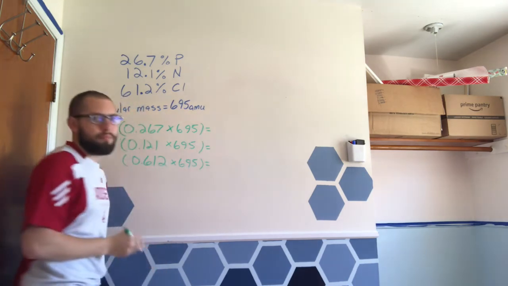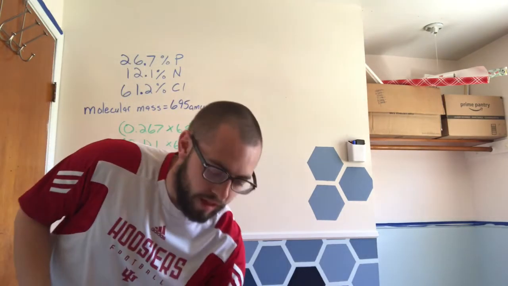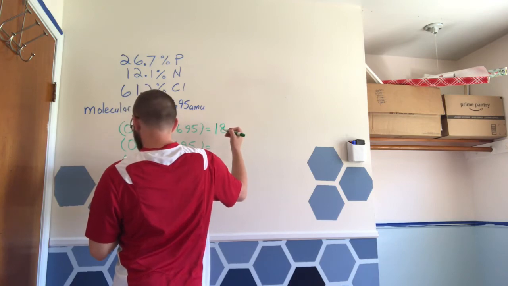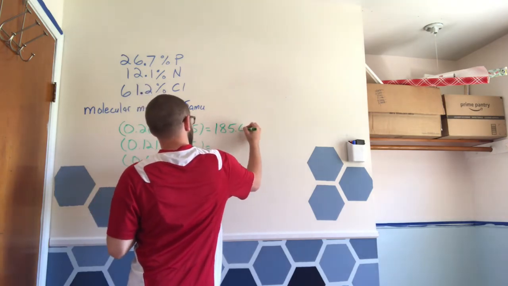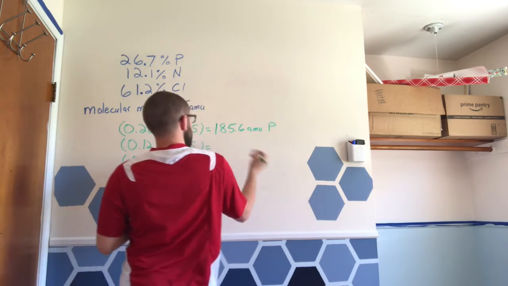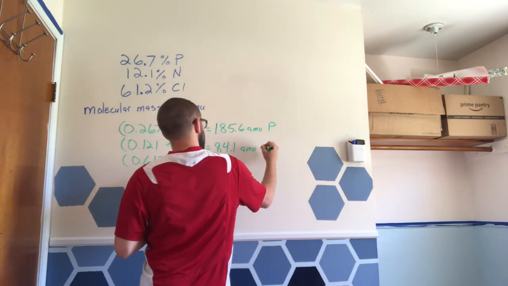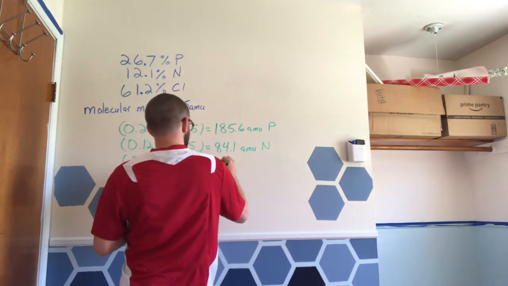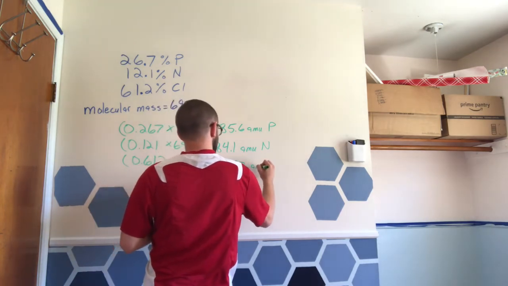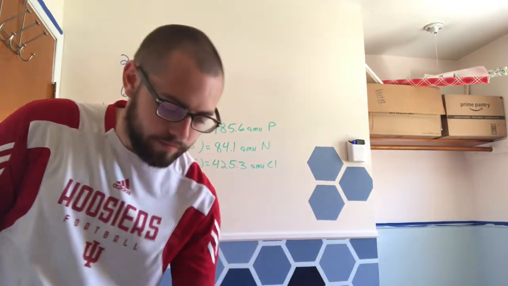This is going to tell me the mass of each element in this compound. I've worked these out. So we'll get about 185.6 atomic mass units of phosphorus, 84.1 AMU nitrogen, 425 AMU chlorine. So these are big amounts here.